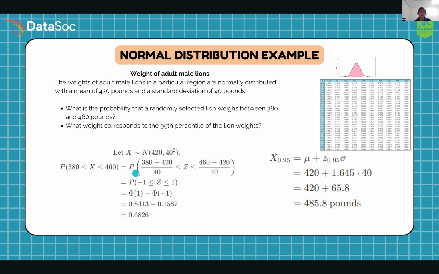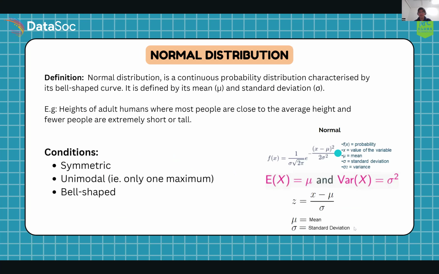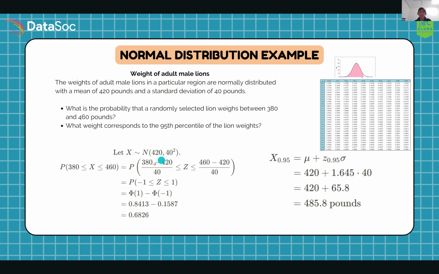And if we go back to our formula before, we can convert this into a standard normal distribution where we take X minus the mean over the standard deviation, and then we can find the corresponding value for 460. And then this will be the probability that Z is within one standard deviation of the mean. That's basically what it's saying.